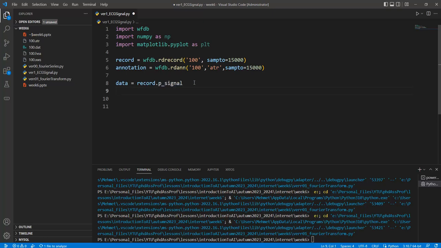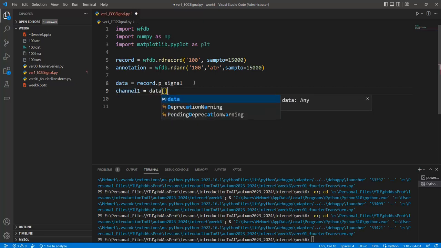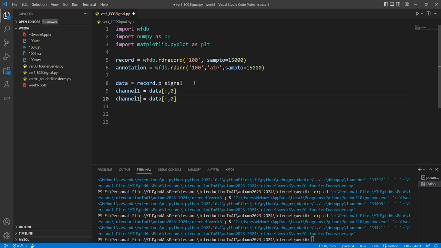And so we have the two channel values in here, like this one, data 0 and 1. Okay, there are two records for the same patient in here. These records represent the different channels of obtaining the ECG values.